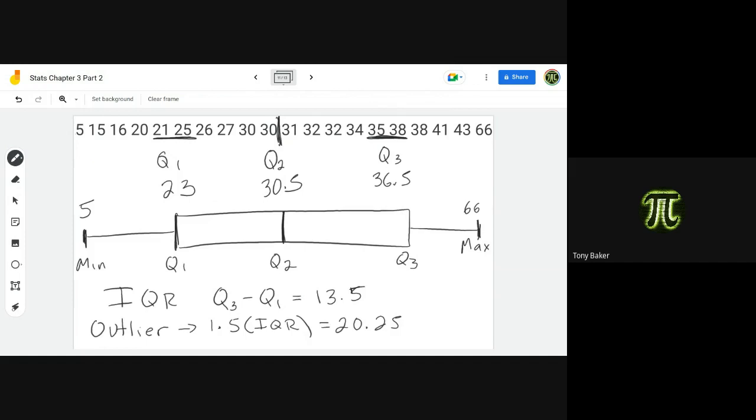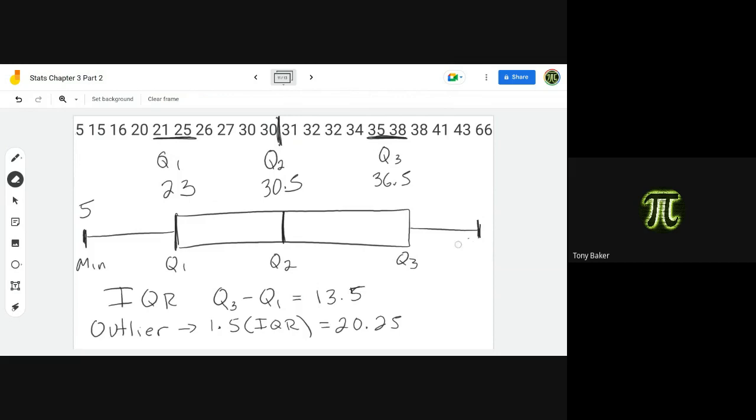If we subtract 20.25 from 23, I would get something less than 3, I think 2.75. Do I have any numbers lower than 2.75? No. So I have no outliers on the low side. I'm going to add 20.25 to 36.5, and I get 56.75. Do I have any numbers bigger than 56.75? Yes, that's 66. 66 is an outlier.